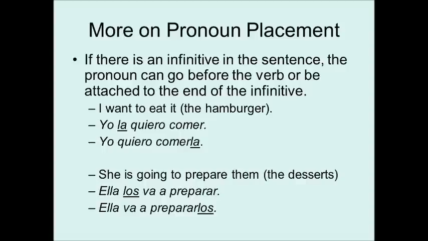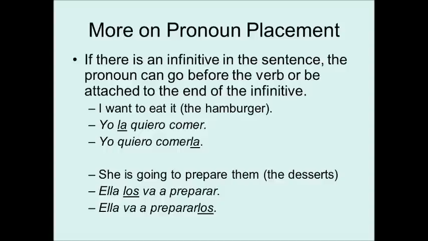Okay, the other example I have here, she is going to prepare them. And the them in this case is desserts. So the original Spanish sentence would have been Ella va a preparar los postres. Okay, los postres is being replaced with the pronoun los. And you notice I have the option of placing it either in front of va or tacked on to preparar.